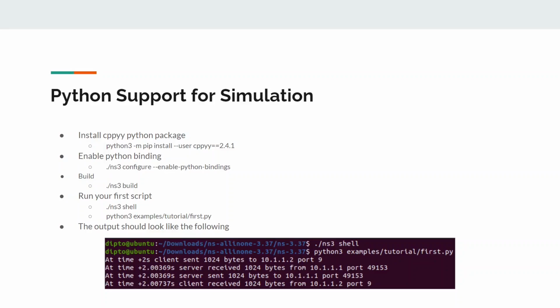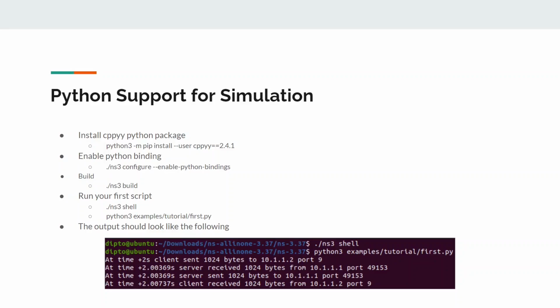But a special warning is that we need to install the exact version, because the latest versions have some problems while running ns3. We will use this line to install the Python package, and then we will configure ns3 so that it enables our Python scripting. We will use ns3 configure and enable Python bindings. Then we will build ns3 and run our first script.